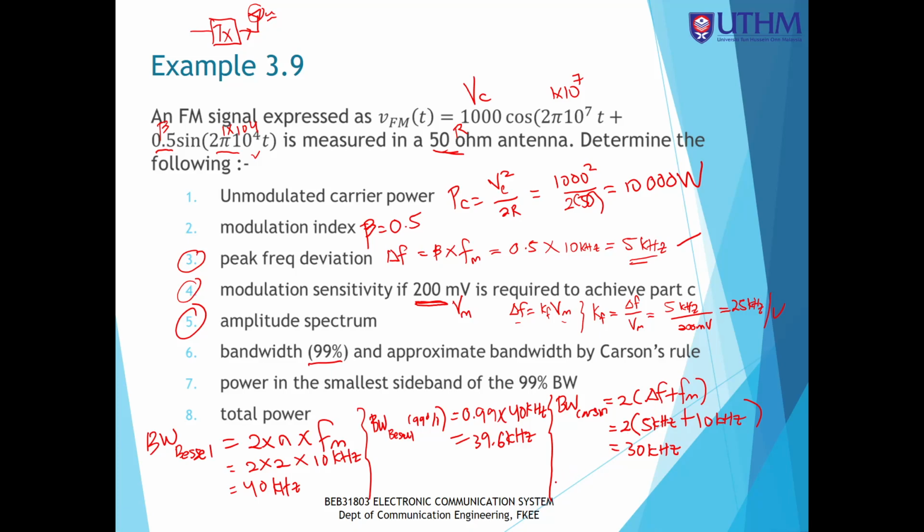Okay, so bandwidth Carson 99% is equal to 0.99 multiplied with 30 kilohertz, so 29.7 kilohertz.